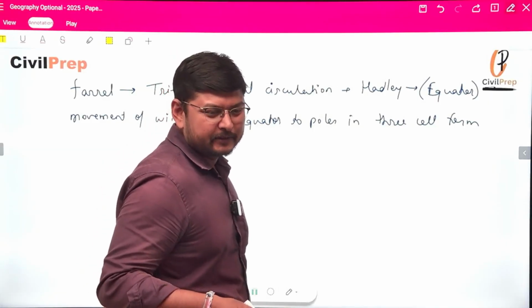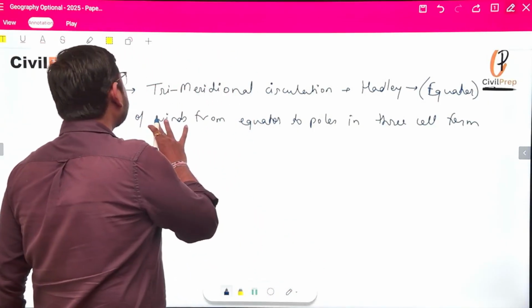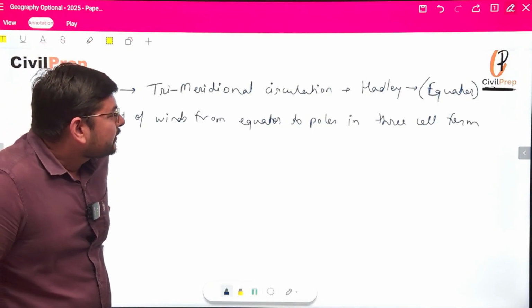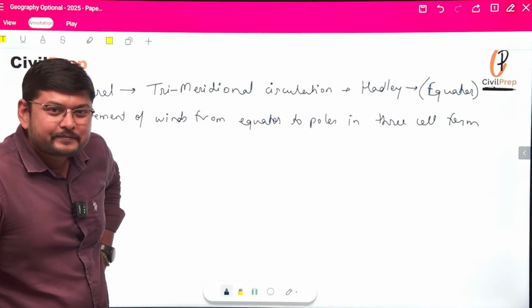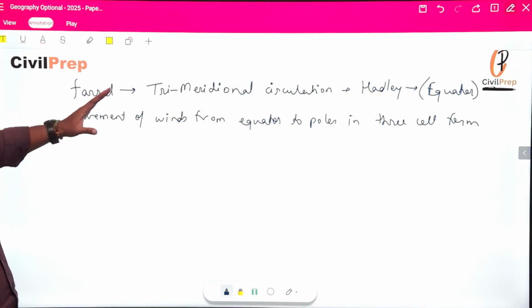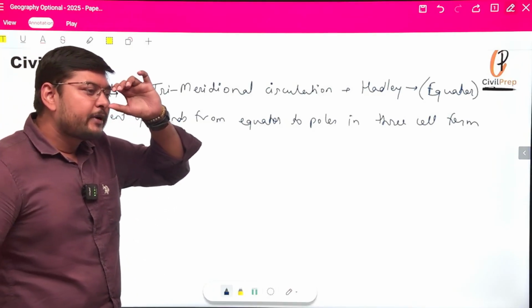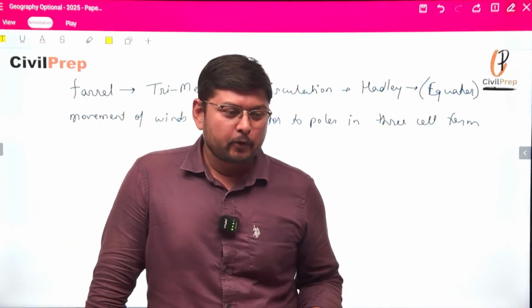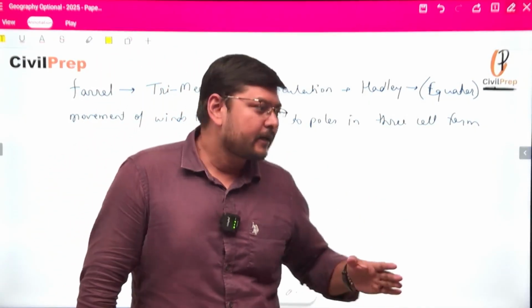Okay, thank you. So here we'll be seeing that in the tri-cellular circulation, Ferrel has given that there is movement of wind from the equatorial region towards the polar region, and there is a three-cell model of circulation.